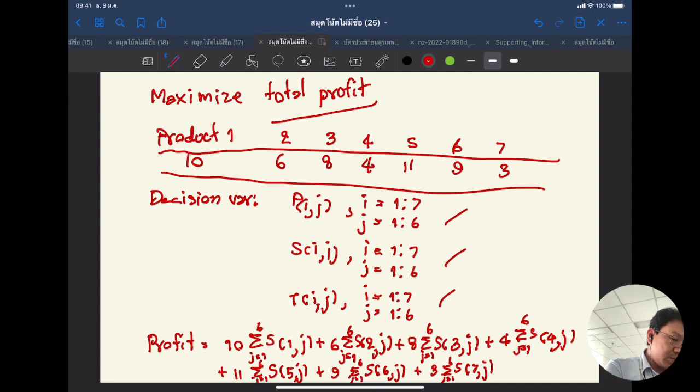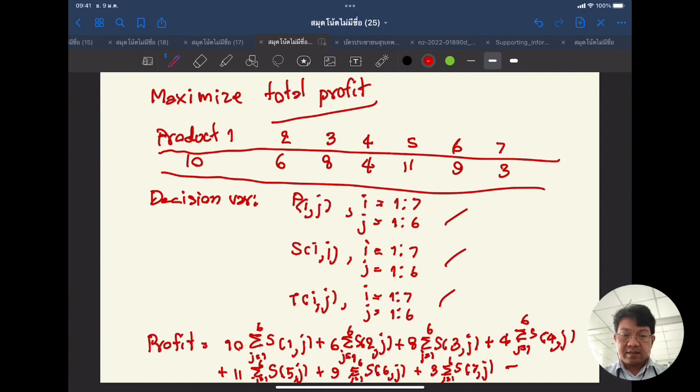And this one is not finished yet because this is only revenue or profit from making and selling the product. But remember that we have cost on the storage, right? From the information given, it is possible to store up to 100 of each product at a time at a cost of 0.5 per unit per month.